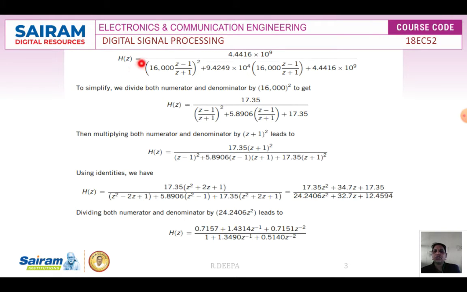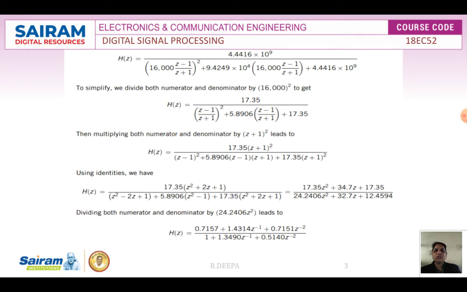Once you convert that analog transfer function into a digital transfer function, it is represented as H of Z. Then let us simplify this equation by multiplying the numerator and denominator with 16,000 square, and again by multiplying the numerator and denominator with Z plus 1 the whole square, and then simplifying once again, the final value is H of Z is equal to 0.7157 plus 1.4314 Z inverse plus 0.7157 Z power of minus 2, divided by 1 plus 1.3490 Z inverse plus 0.514 Z power of minus 2.